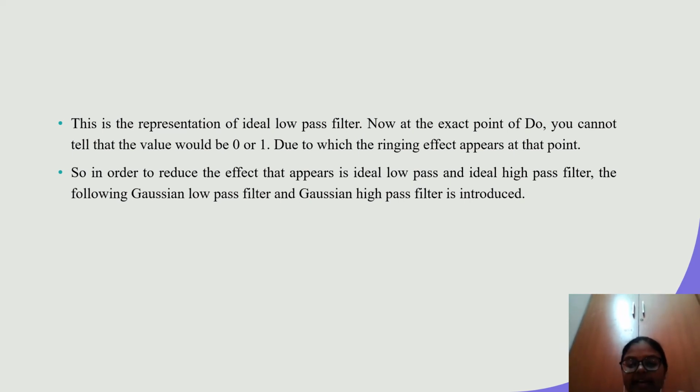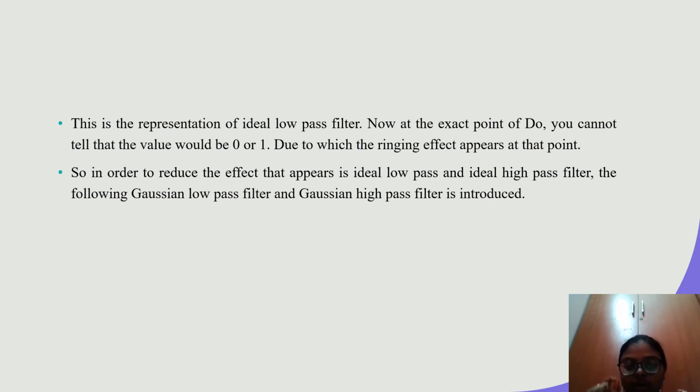Next, this is the representation of the ideal low pass filter. Now at the exact point of D naught, you cannot tell whether the value would be 0 or 1, due to which the ringing effect appears at that point. You are unable to get the point as 0 or 1. This is known as the ringing effect.